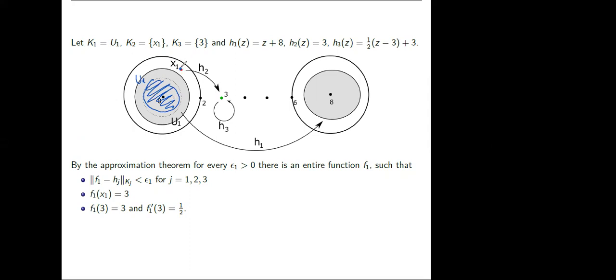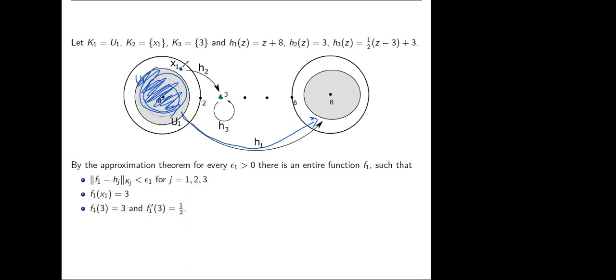This is one compact set, this is another compact set, and this gray area here is another compact set. On this compact set, the blue one, I want it to be a translation, or approximately a translation. On this one, point number 3, I want it to be a fixed point. You can also prescribe the derivative if you want. It's not necessary, but just for the sake of it.